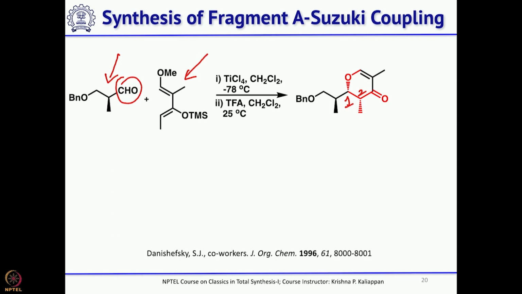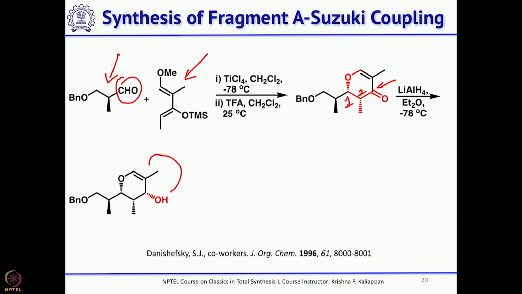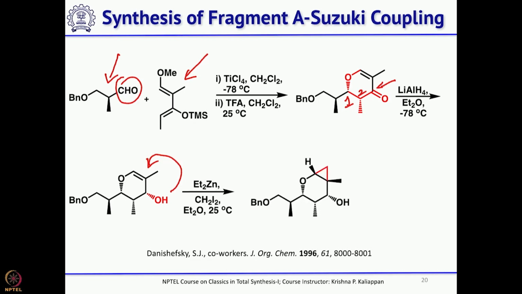Okay. Now, the third chiral center he could introduce by reduction of this enone with lithium aluminum hydride. Okay. Now, using this chiral center, he carried out a cyclopropanation. The hydroxyl group played as a handle to deliver the CH2 group from the same side. Okay.